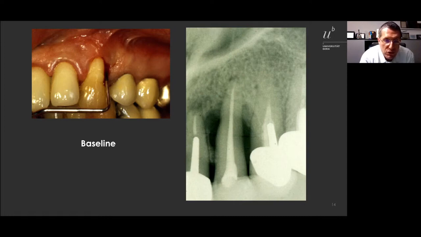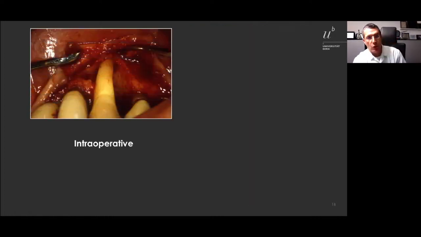If the patient were to lose the tooth, of course we can replace it with a fixed prosthetic reconstruction, but at the very end, we will end up with a huge defect that is very difficult to reconstruct, very difficult to place an implant that should look like a tooth. And at the very end, we need to do our best to improve the prognosis and to maintain the tooth.